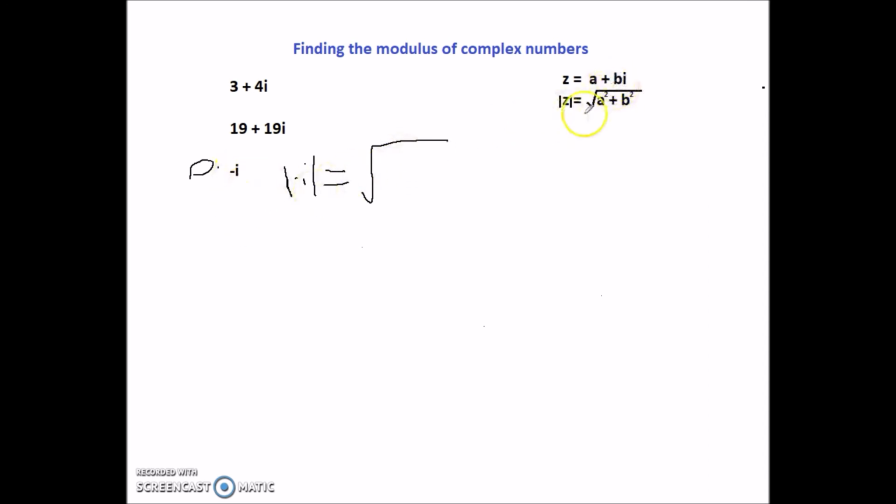Well, b is 1, because remember, we don't write 1x, we just write x. So let's not forget that this does actually have a coefficient, and that is 1. So effectively what we're going to end up with is the square root of 1, and of course, that will just give you 1. And that is the answer.